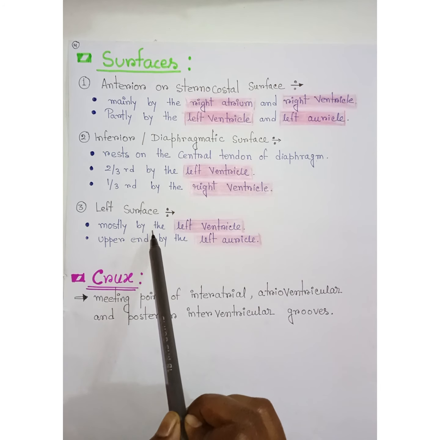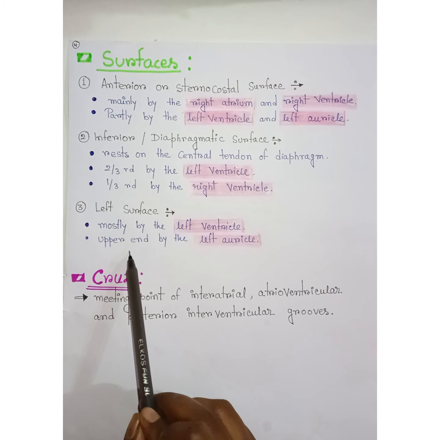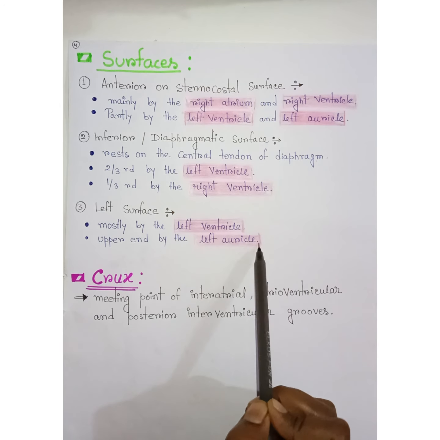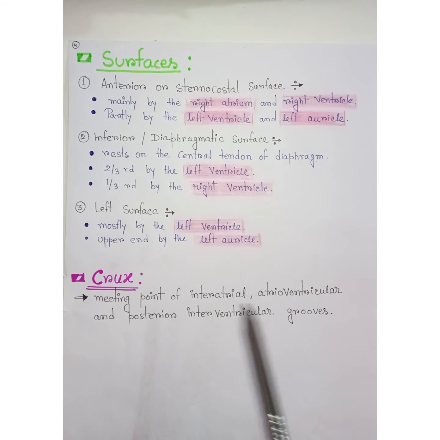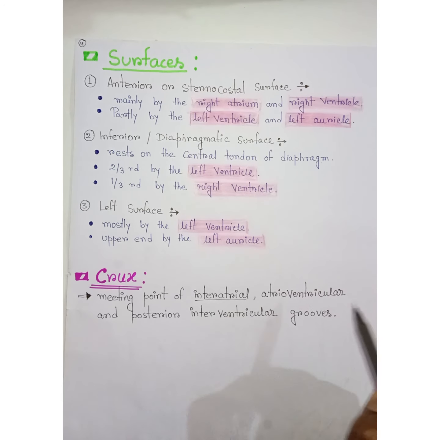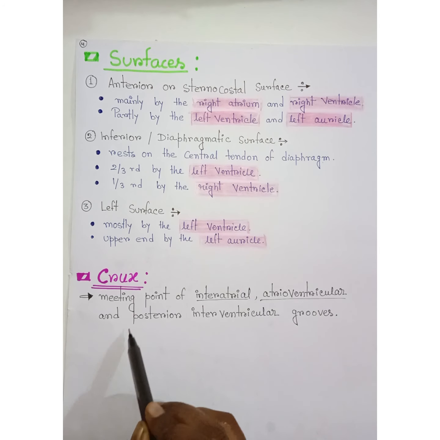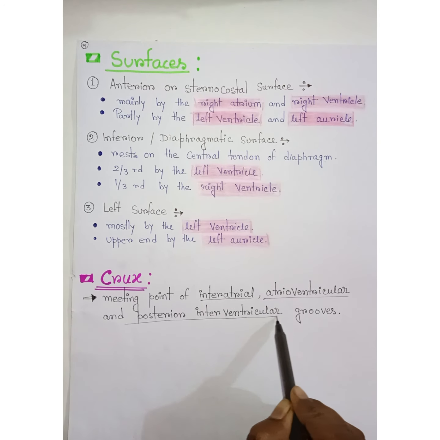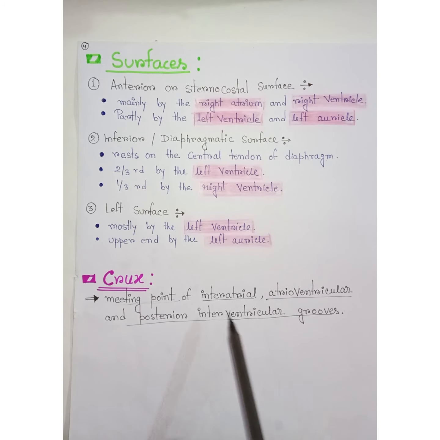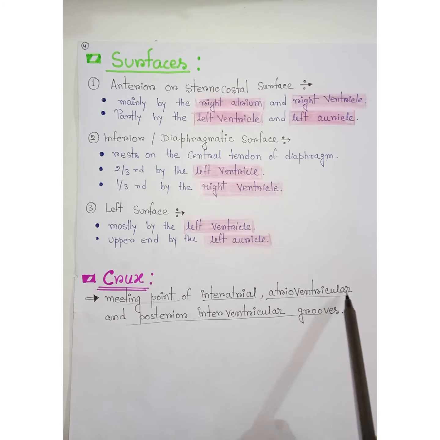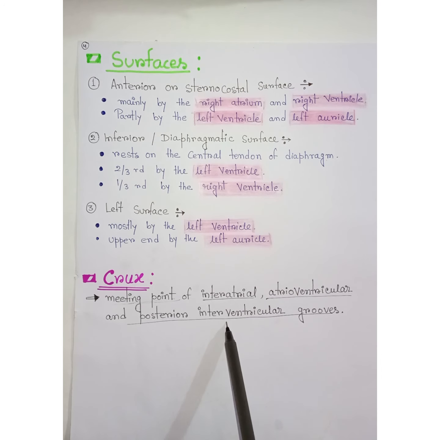The left surface is mostly by the left ventricle, and the upper end by the left auricle. What is the crux? The crux is the meeting point of the interatrial, atrioventricular and posterior interventricular grooves.